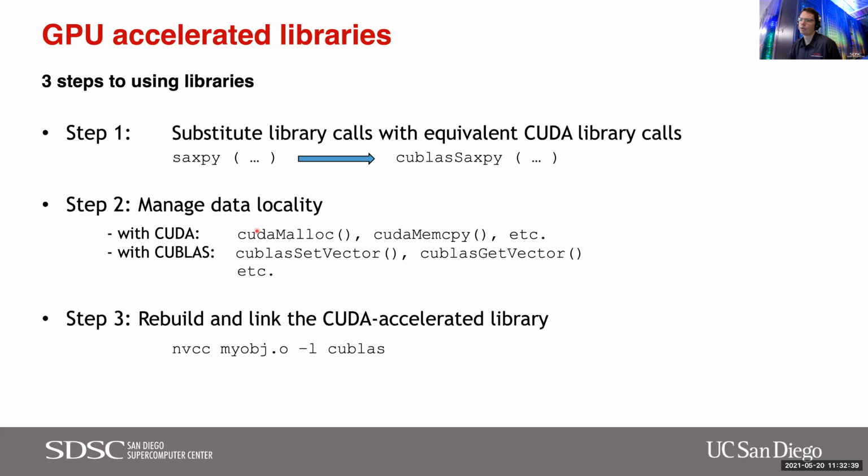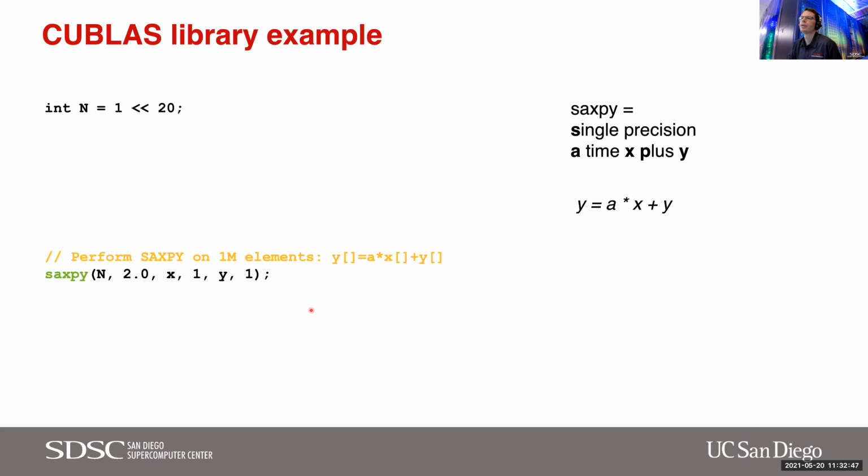So you can use CUDA or wrappers specifically for vectors or arrays via cuBLAS, and then you just rebuild your code and link against that library. Imagine you have this function here, a call to SAXPY, with the size of your problem. So you compute y equals a times x plus y. So x and y are input, y is also output, and this just iterates over the arrays in the BLAS function call.